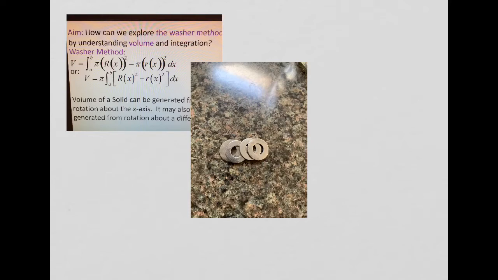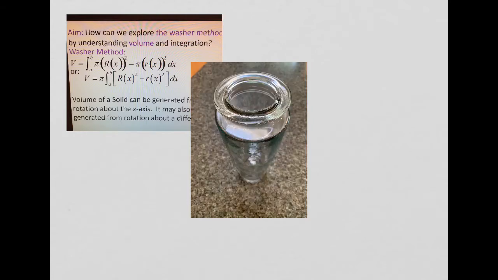This washer is a cross section when you do a vertical slicing or a horizontal slicing, which we'll get into our next lesson. So just making sure we understand how to do our washer method when everything revolves around something like the x-axis, the y equals b equation.